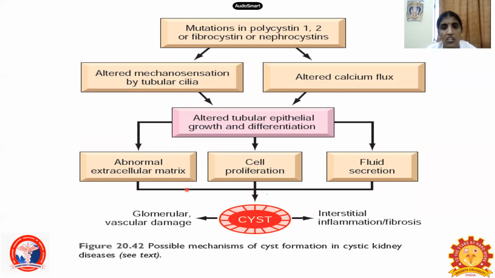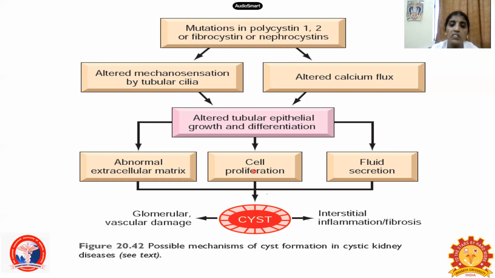So in a nutshell, there are mutations in polycystin 1 and 2 in the case of adult polycystic kidney, or mutations in fibrocystin or nephrocystin as in the case of autosomal recessive polycystic kidney disease, or in the case of multicystic renal dysplasia. What happens? There is altered mechanosensation of tubular cilia, and there is also altered calcium flux, which allows altered growth and differentiation of tubular epithelial cells.